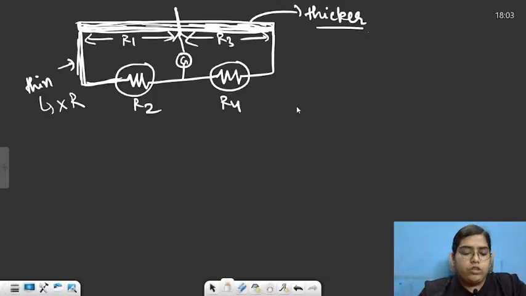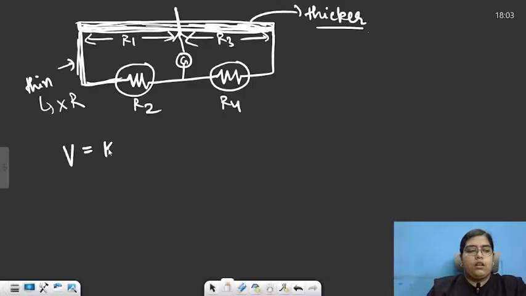So this was about the meter bridge, and then you also have a device called the potentiometer. We simply use the potentiometer for calculating an unknown EMF. It works on the principle of potential gradient, where we get the relation V is equal to KL.